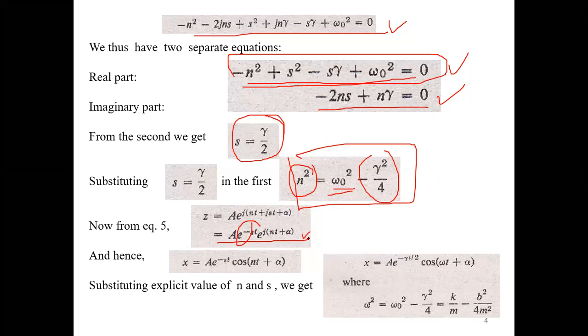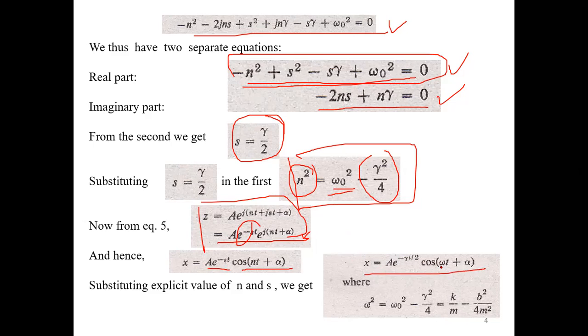We need the real part of this complex number, so the real part is the x. You know that e to the power j(nt plus alpha) is Euler's formula, cos of (nt plus alpha) plus j sine of (nt plus alpha). So the real part is a e to the power minus st cos of (nt plus alpha), and s is gamma by 2. So x will be a e to the power minus gamma t by 2, and then cos of (nt plus alpha), where you can choose n as omega.